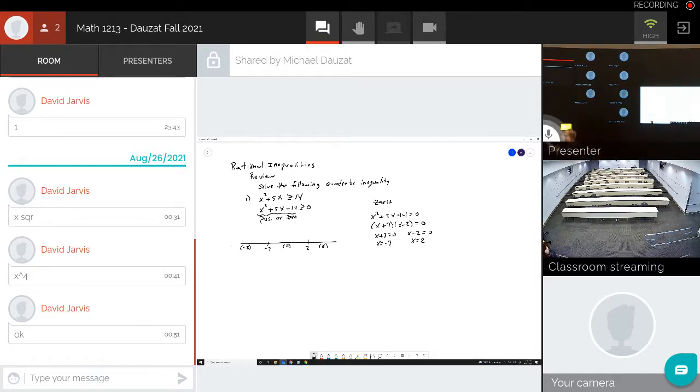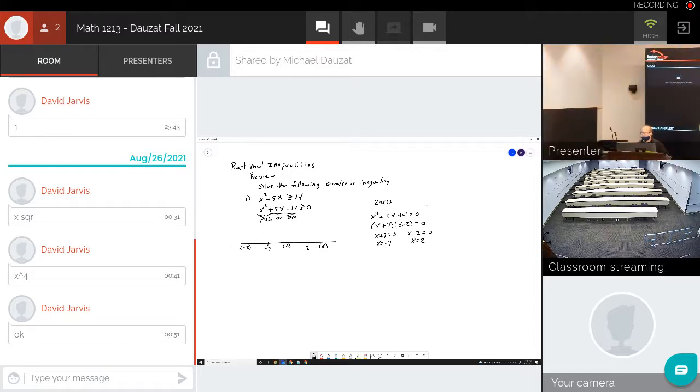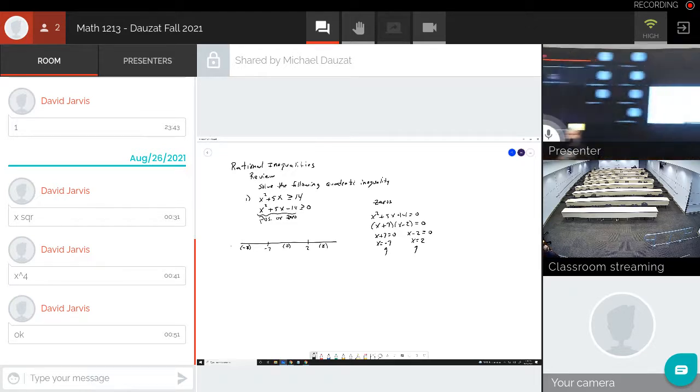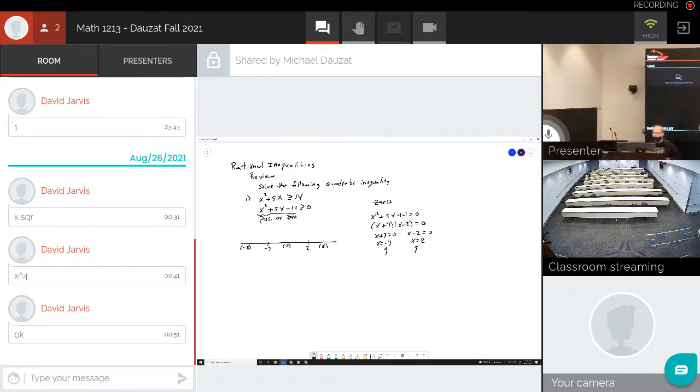Why is this and this a solution to this inequality? Why am I going to put a closed circle on both of those to indicate that those are solutions? What do you think? Because of the equal sign. Equal to 0.